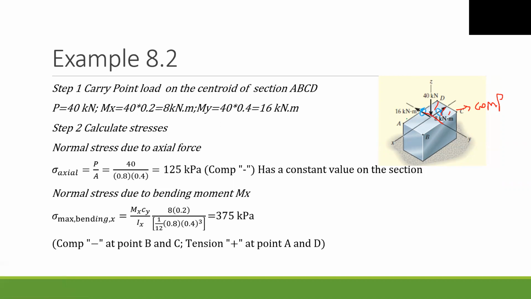This green side is the tension side. Also, this system is a symmetric shape, therefore the C value, you can see Cx is equal to like 0.4. So I can pass to the next slide.